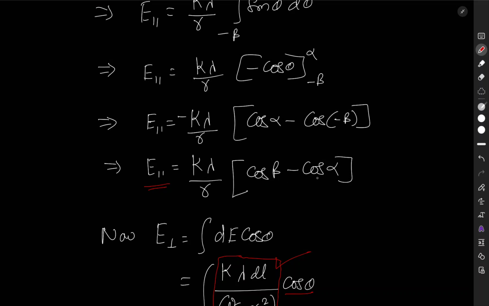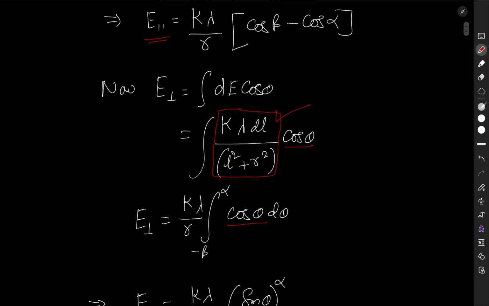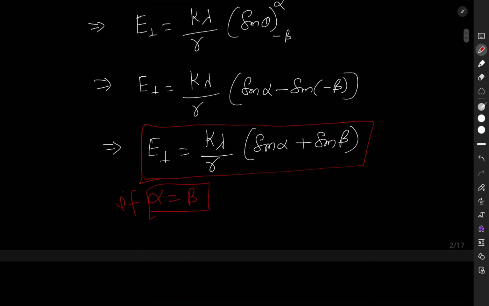Because cos beta and cos alpha will have the same values, and these will get cancelled out, and there will be 0. So E parallel will be equal to 0, and E perpendicular will be equal to k lambda by r times sin alpha plus sin alpha, that is 2 sin alpha.